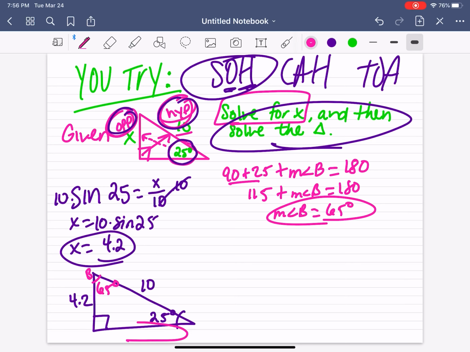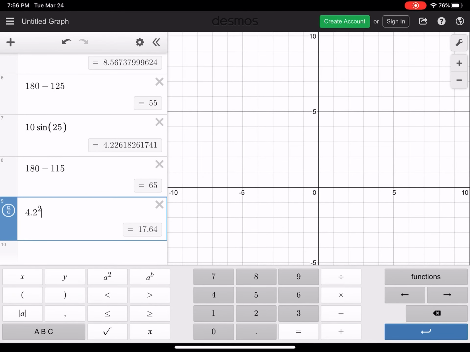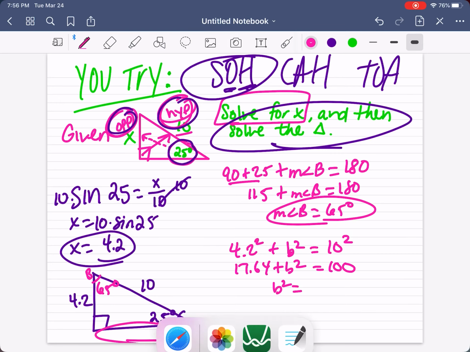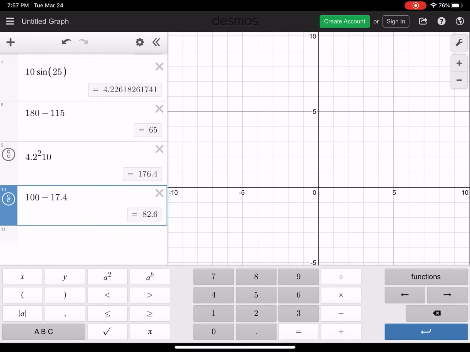The only thing that we're missing is the side at the bottom. So it's a right triangle, so again, Pythagorean theorem. 4.2 squared is 17.64. Subtract 17.64 on both sides. 100 minus 17.64.